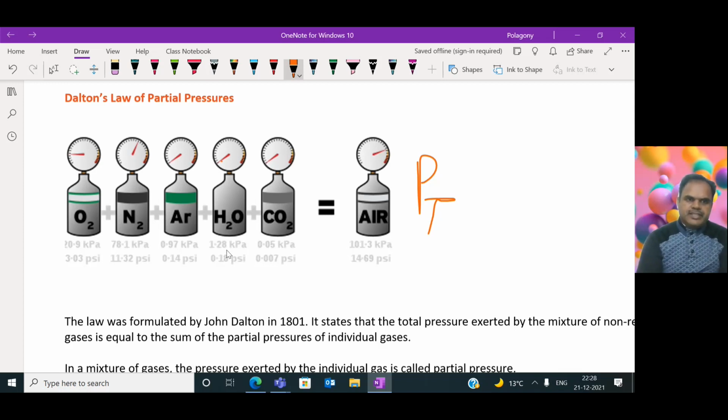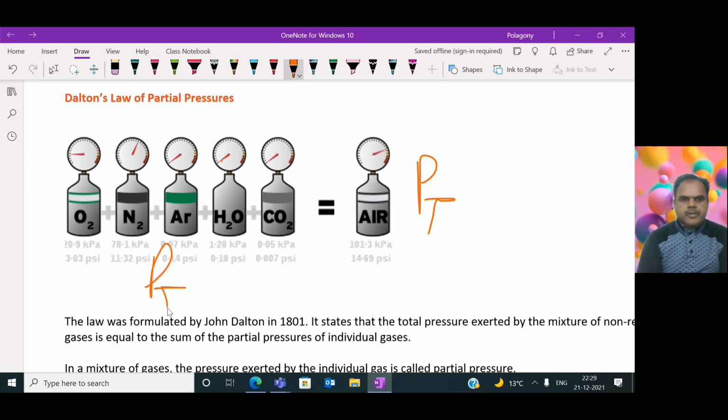Again, I'm repeating the statement: the total pressure exerted by the mixture of non-reacting gases is equal to the sum of the partial pressures of individual gases.